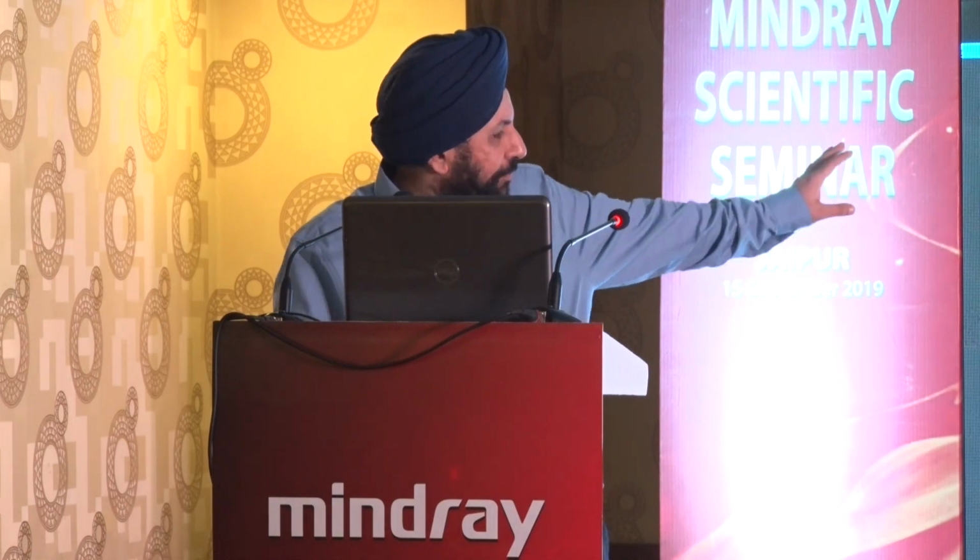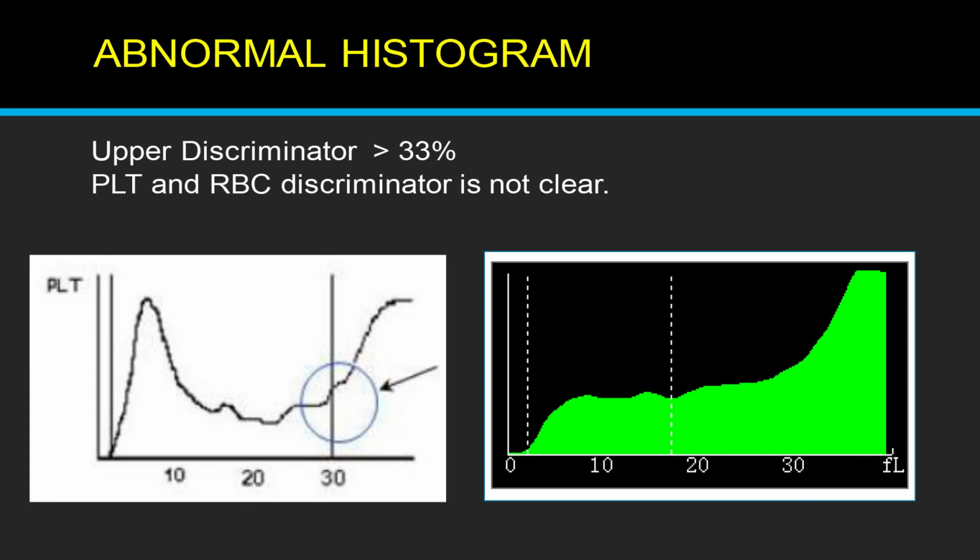On the contrary, this is the more common platelet flag that we see, where the baseline doesn't touch the upper discriminator and exceeds the height by about 33%. In these kinds of scenarios, it is difficult to differentiate giant platelets or platelet aggregates from microcytic RBCs or fragmented RBCs.